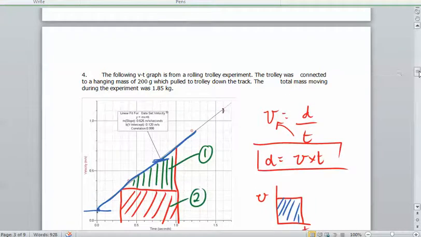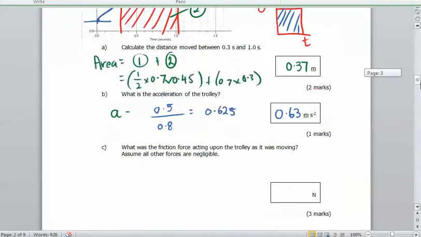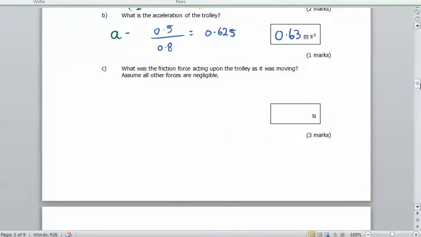Now, the total mass moving during the experiment was 1.85 kilograms. That's the total mass. Now, what can you say about the net force if we found our acceleration is 0.63? What's our net force?